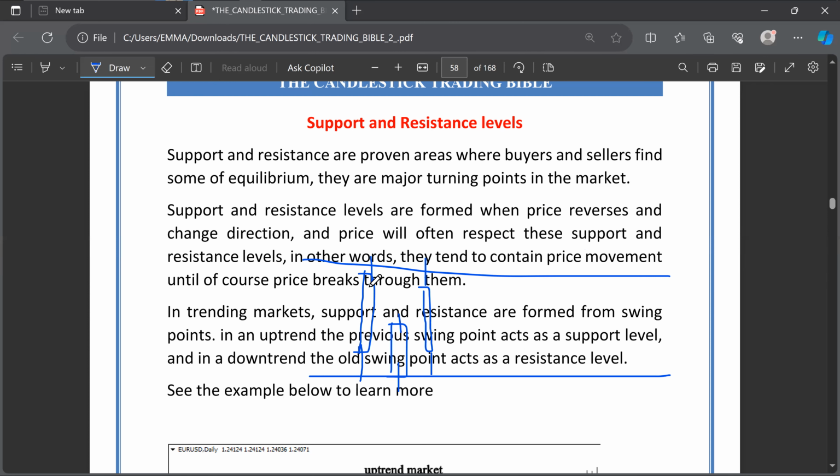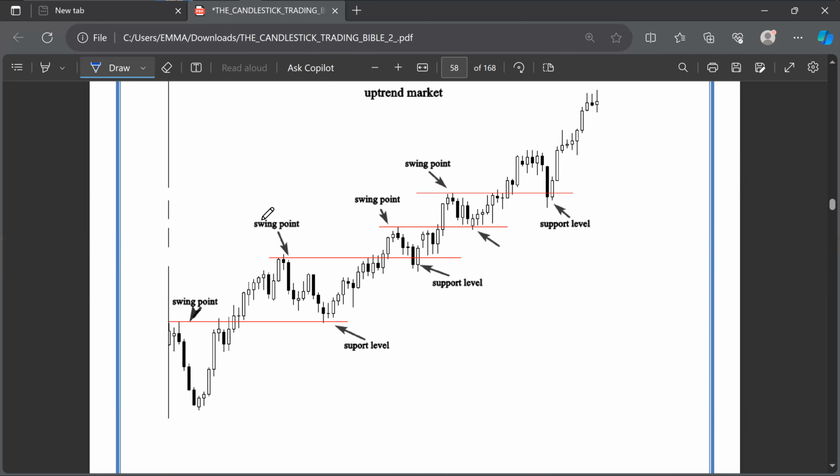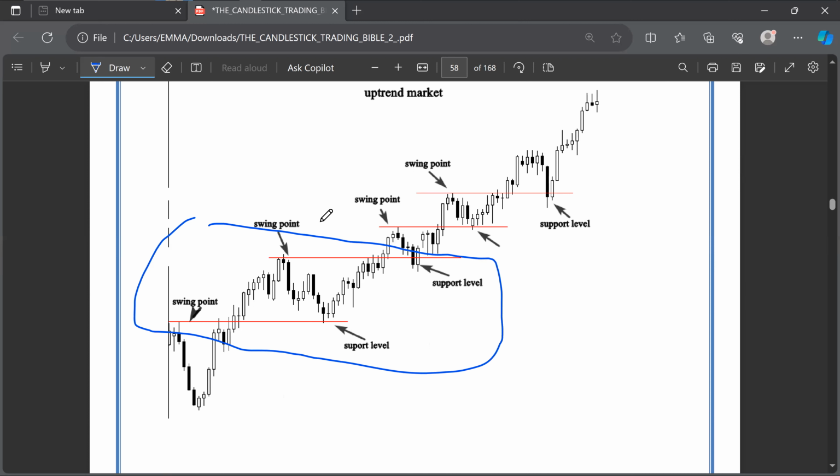So let's have a better representation. So let's look at this. Support and resistance, you do that with two lines, right? So at any point in time, you draw two lines, upper and lower. You look at that, then you can determine which one is the support and which is the resistance.